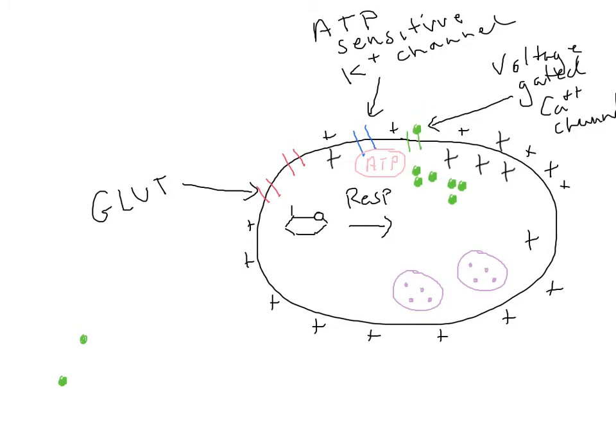And these calcium ions act as a second messenger inside the cell and result in vesicles which contain the hormone insulin moving to the cell surface membrane and fusing with it, and the insulin is then released into the surrounding tissue fluid.